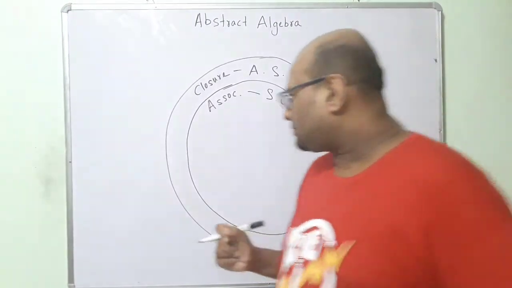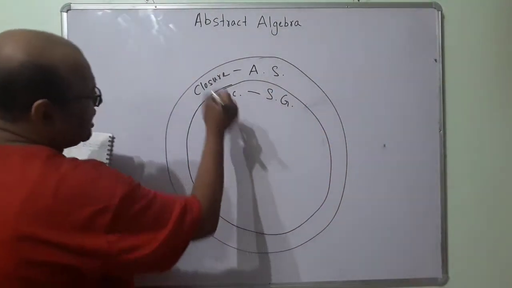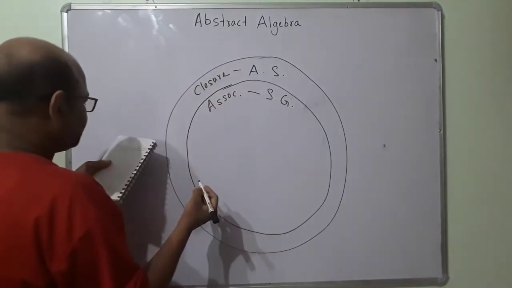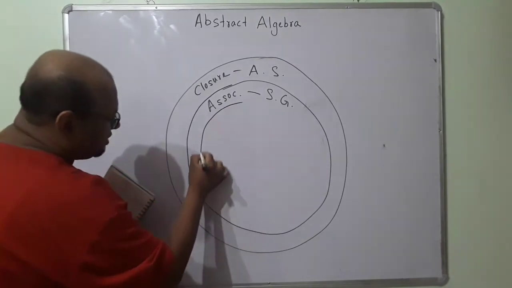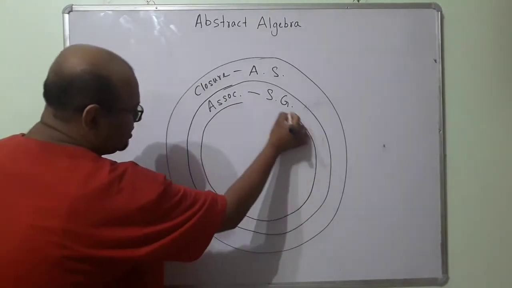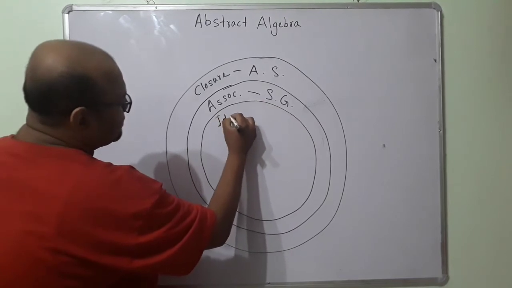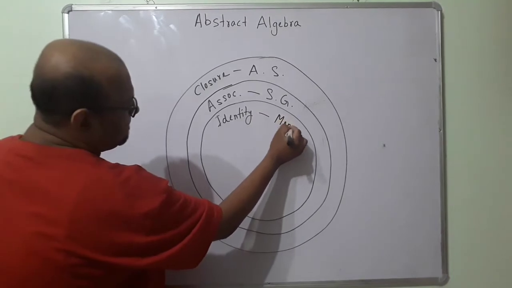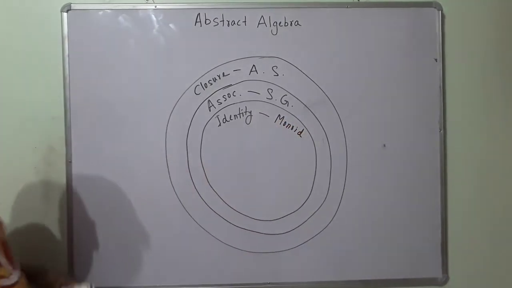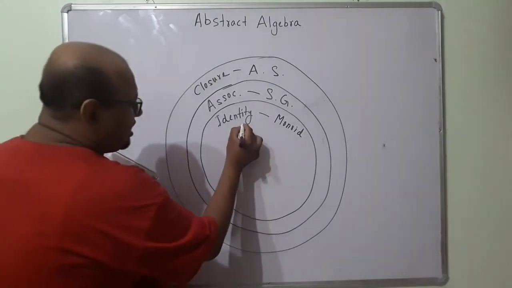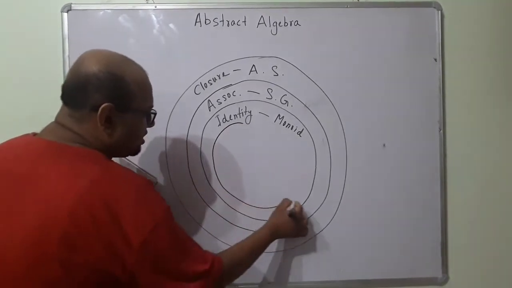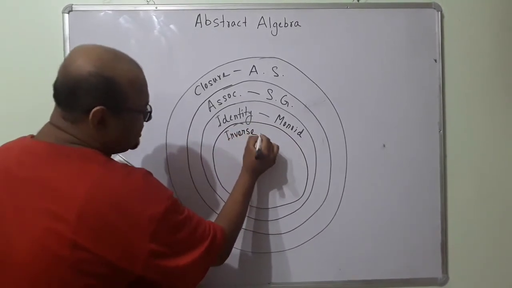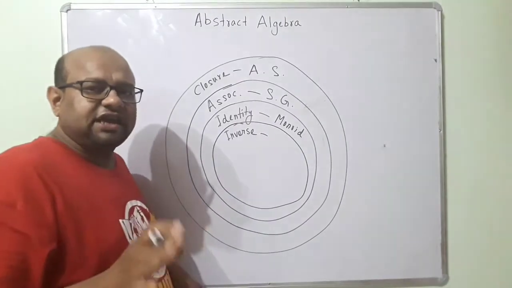Only then it will be a semi-group. Okay, then in semi-group, that is after satisfying closure and associativity, if identity exists, then it is monoid. Okay, among all this monoid, if inverse exists, so when I say exist, I mean exist in the set.